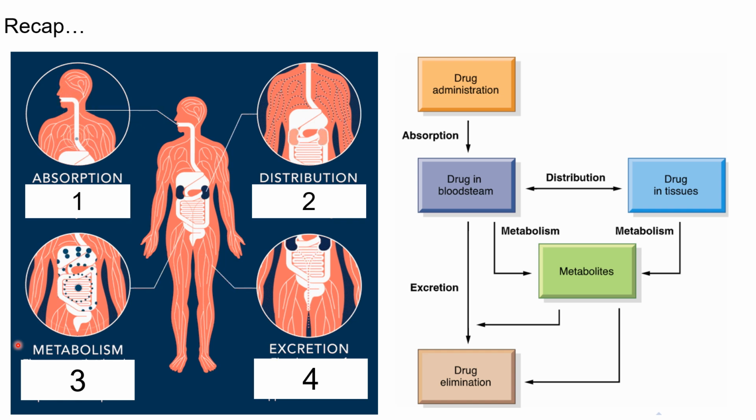To facilitate removal via feces or urine, the drug compound is altered to become more water soluble. Drug metabolism can result in toxicity, for instance, by creating damaging byproducts or a toxic metabolite. And the last one is excretion, which is the last step of ADME.